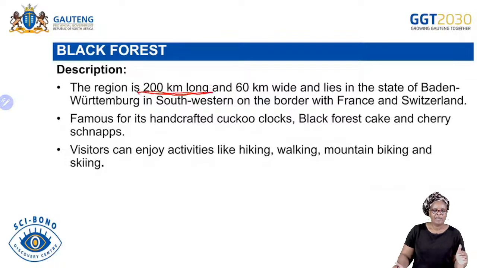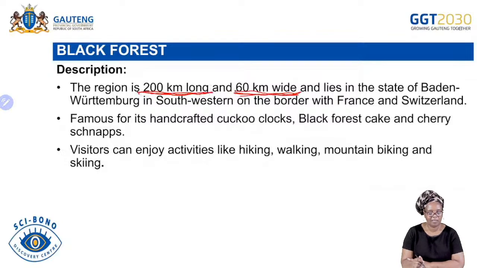All of that is 200 kilometers long and 60 kilometers wide. And it lies in the state of Baden-Württemberg in the southwest, on the border with France and Switzerland. That's where we found this icon, the Black Forest.